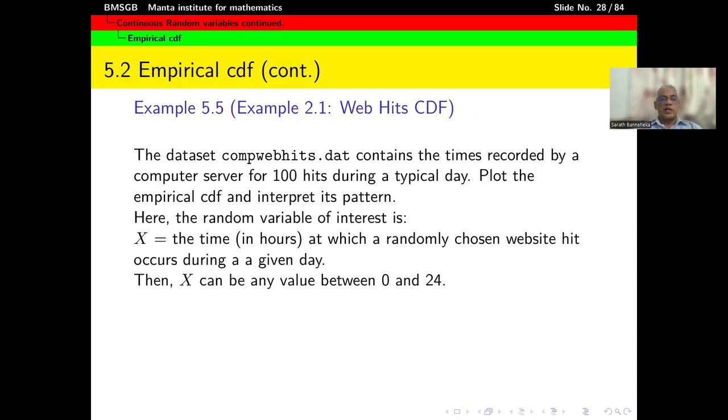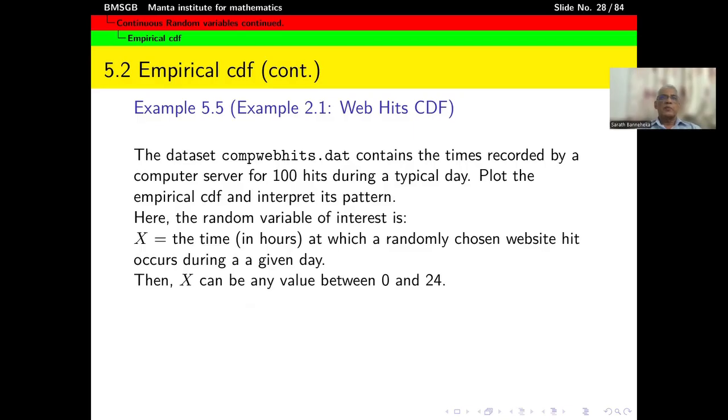So to further understand this, let us look at an example where we have a data set from the book, which contains the times recorded by a computer server for 100 hits during a typical day. Whenever a customer enters the website, there will be a hit, and the website records that time.